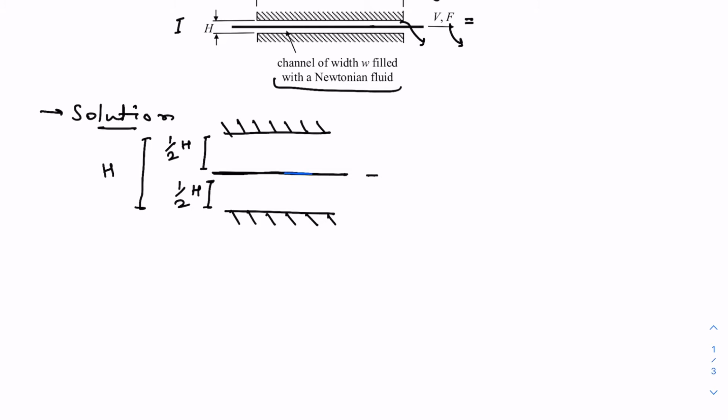Since this tape is moving at the velocity v, the fluid elements which are very close to the tape are also moving with a velocity v. However, the fluid elements which are closer to these walls don't move because of the no slip boundary condition. And in a linear Couette flow, the velocity profile then is linear from the wall to the tape.